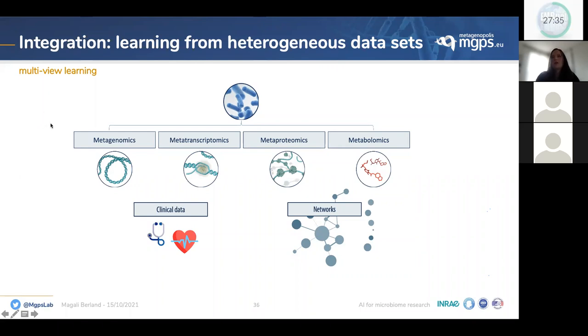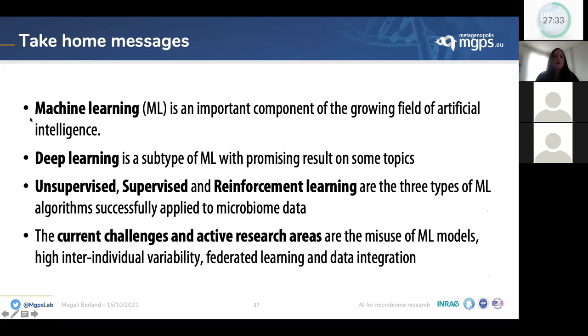So my talk is nearly over. I will give you some take-home messages. We have seen today that machine learning is an important component of the growing field of artificial intelligence, and that deep learning is a subtype of machine learning that is promising on some topics, and some people try to develop it for microbiome data.